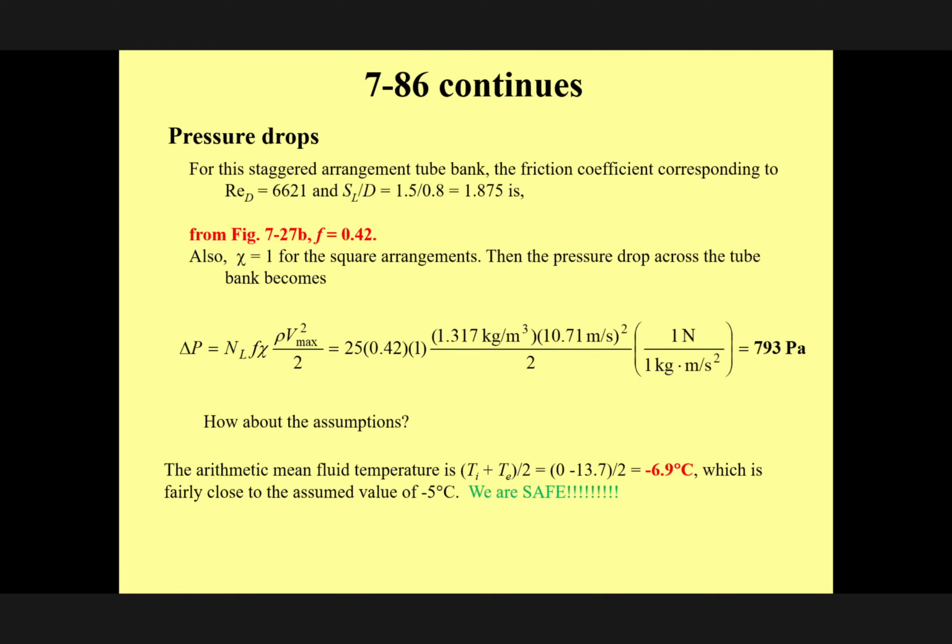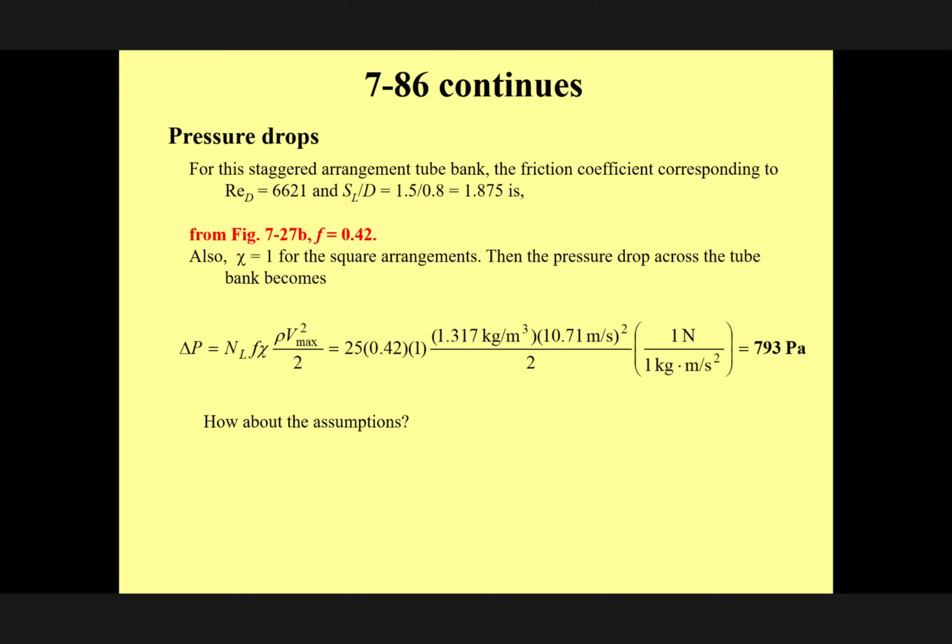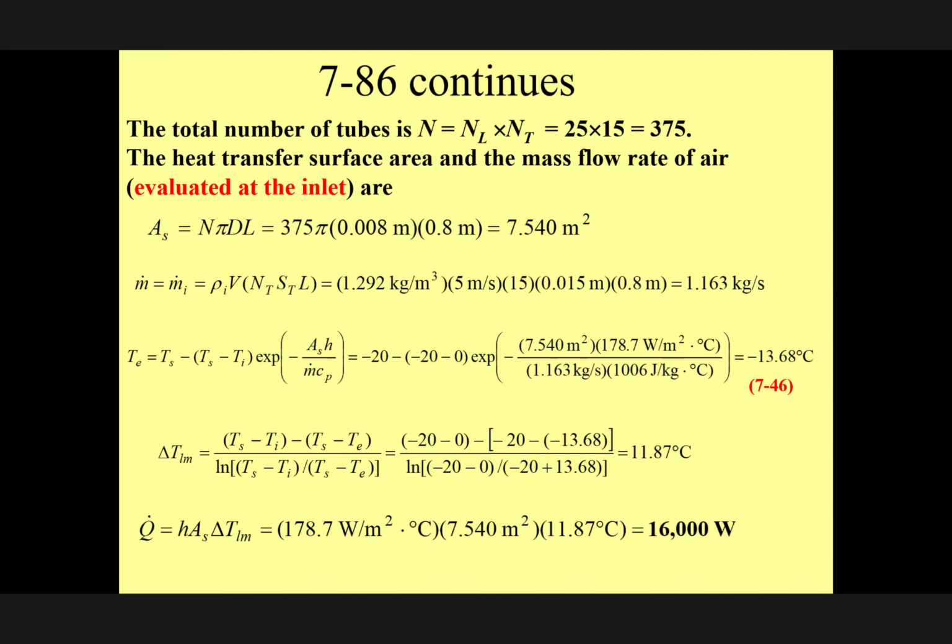Any question, ladies and gentlemen? Sorry, I didn't get where did we use the mass flow rate? When we calculate the exit temperature, sir. To calculate the exit temperature, we have to use this X1 here.